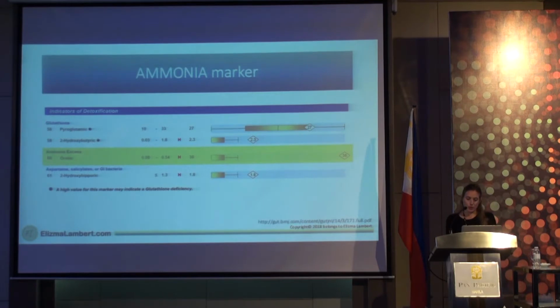Now, ones that seem to be more active in ammonia production are the gram-negative aerobic bacilli, such as E. coli, Klebsiella, Proteus, and Pseudomonas species. And it's not commonly seen elevated on the organic acid test, although I do see it elevated quite a bit. So it'll really just depend on your patient population on whether this is something that you'll see a lot of.